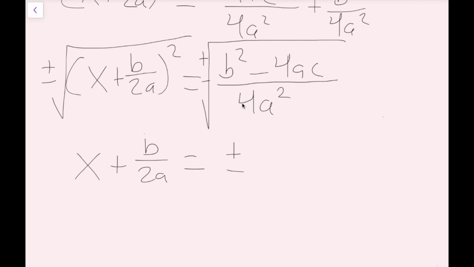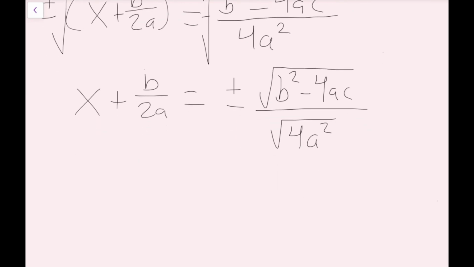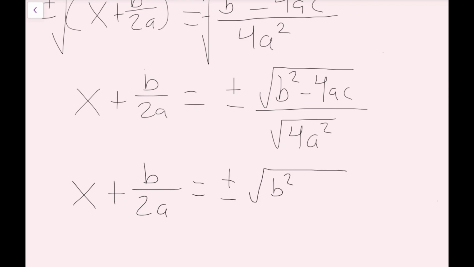So this becomes plus or minus the square root of b squared minus 4ac over the square root of 4a squared. But the square root of 4a squared, well, a squared is a perfect square, and 4 is a perfect square, so that is just 2a. So I get x plus b over 2a equals plus or minus the square root of b squared minus 4ac over, like I said, this just becomes 2a.